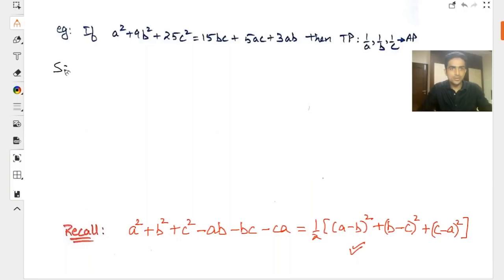Now, how is it going to help me in the question? Guys, just bring everything on the left-hand side and you will see a little connection of this question with this identity.